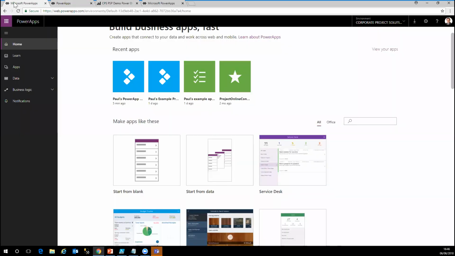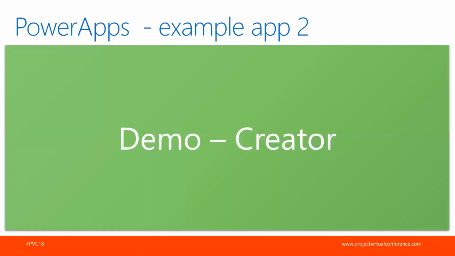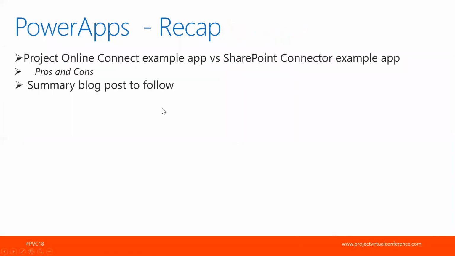Let's just drop back into the slide deck. So just to recap what we've gone through. We mainly focused on the Project Online example connector, but we also looked at what the SharePoint connector could do with that Project Online data.